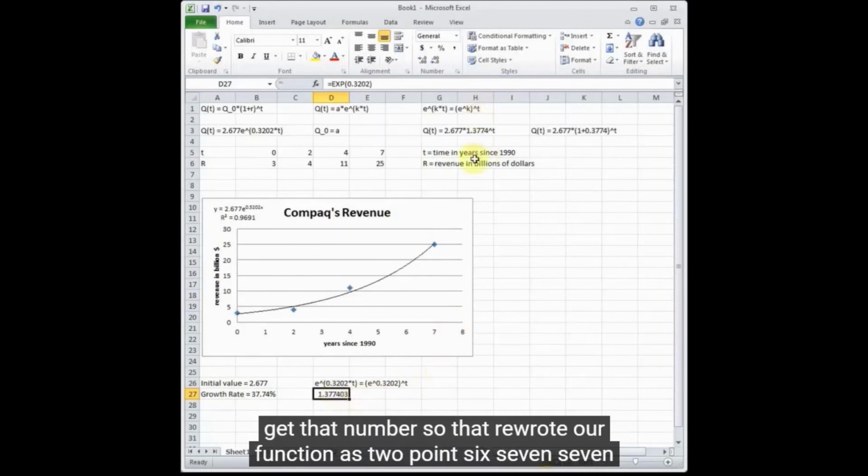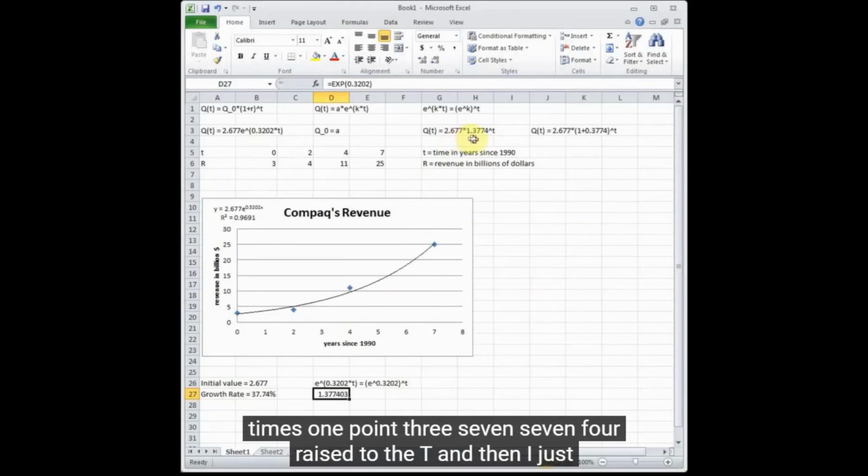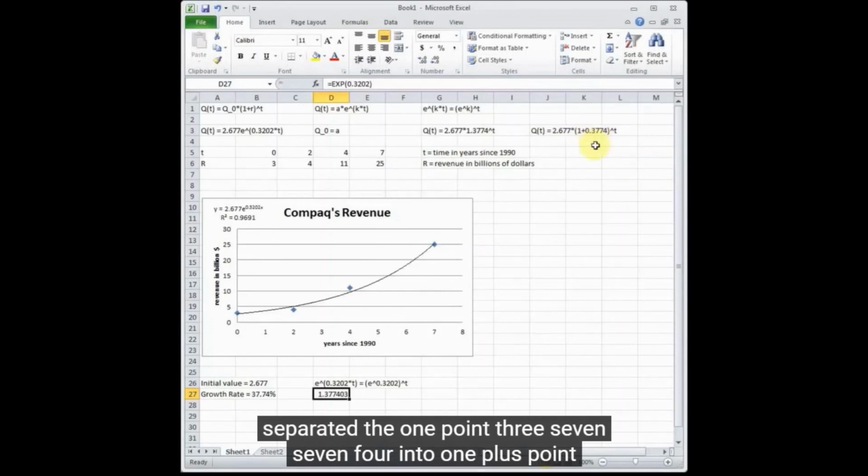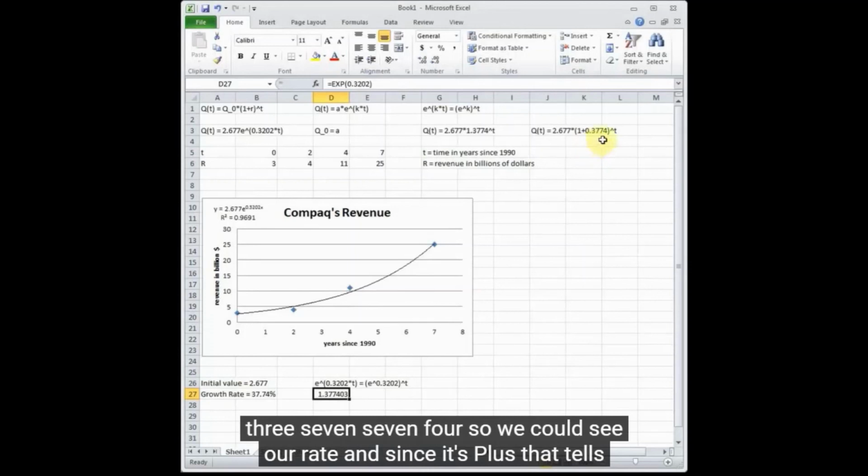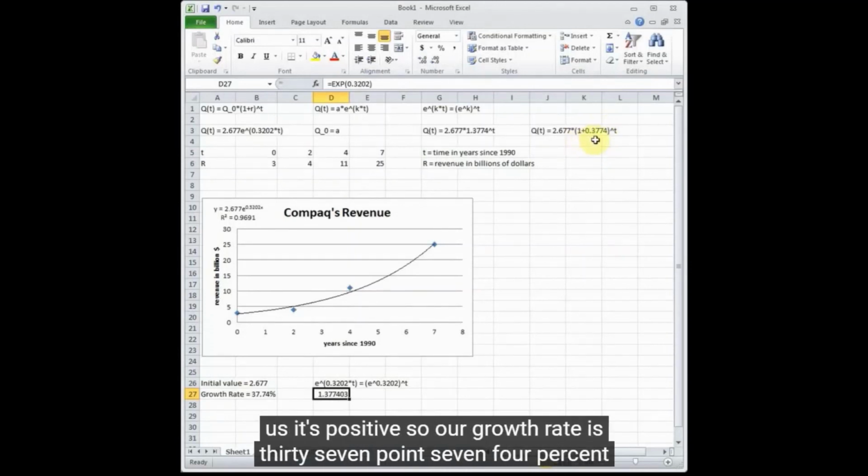So that rewrote our function as 2.677 times 1.3774 raised to the t. And then I just separated the 1.3774 into 1 plus 0.3774 so we could see our rate. And since it's plus, that tells us it's positive. So our growth rate is 37.74%.